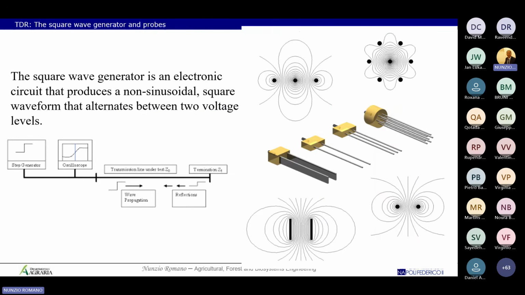And then you can see the people, especially the people dealing with electrical engineering, make a lot of fantasy on producing different kinds of probes, because you have a different kind of electrical field, and it's important to confine the electrical field, to have the best, the optimal measurement.